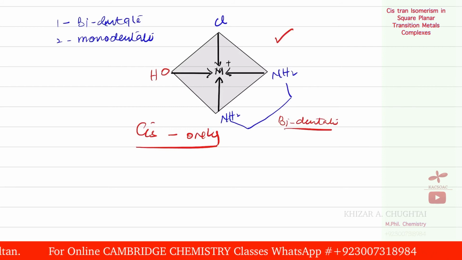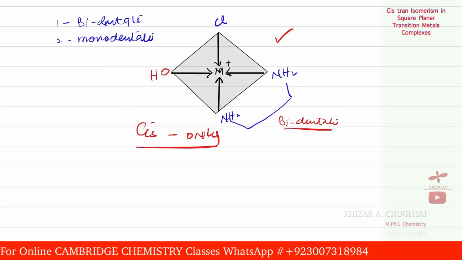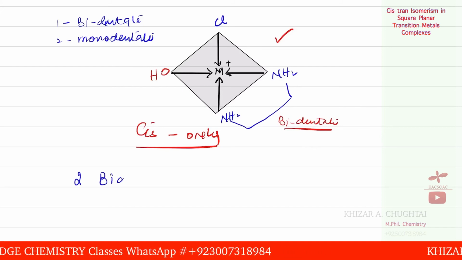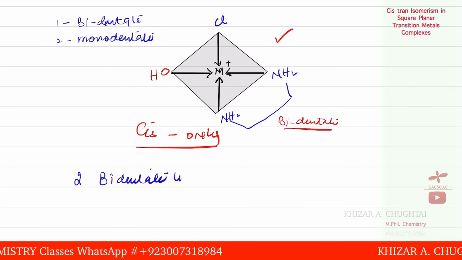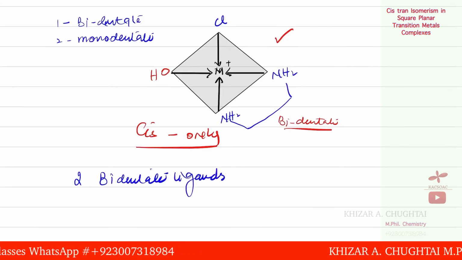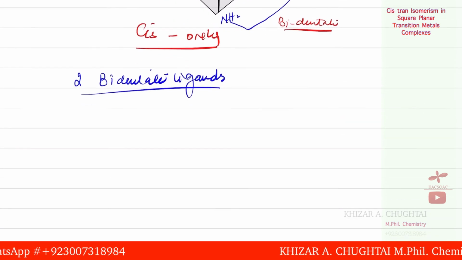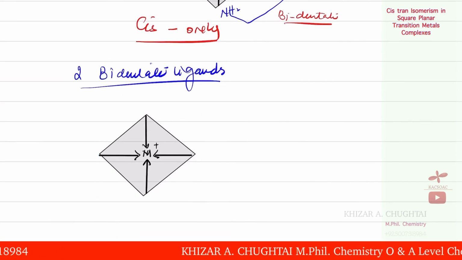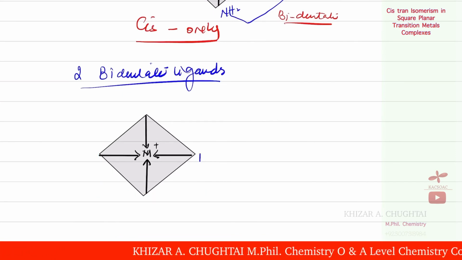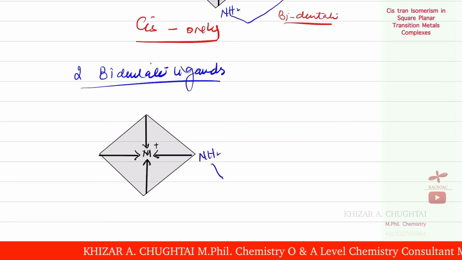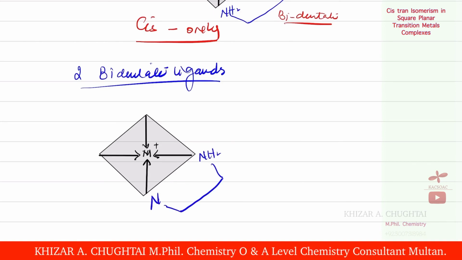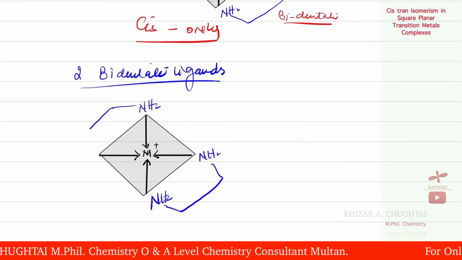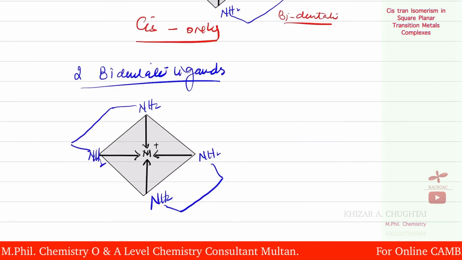Now let's come to two bidentate ligands. If two bidentate ligands are there, let's see what the possible options are. Once again, I'm writing NH2, CH2, CH2, NH2, and similarly NH2, CH2, CH2, NH2.